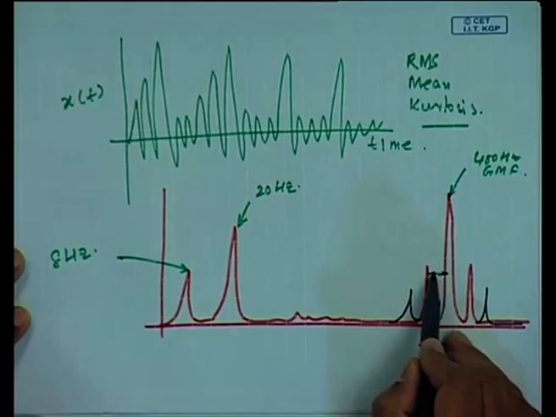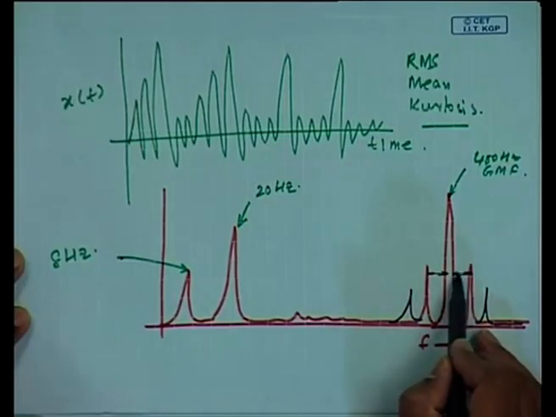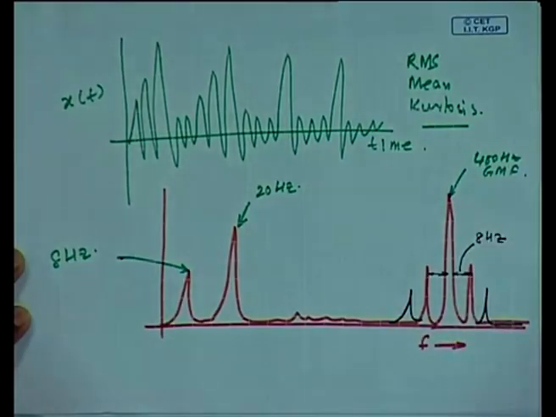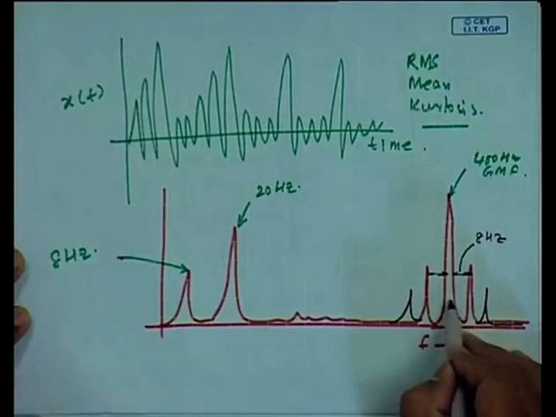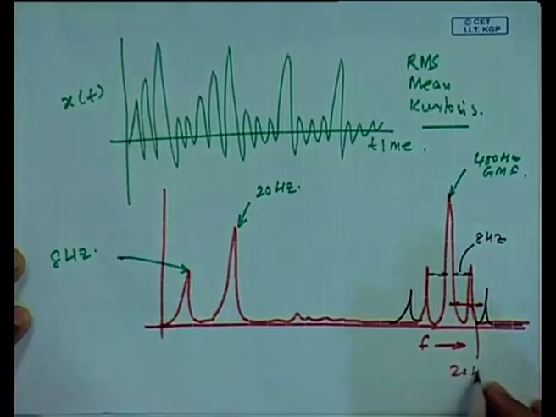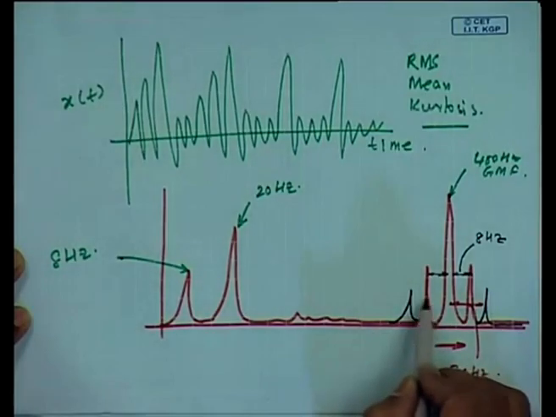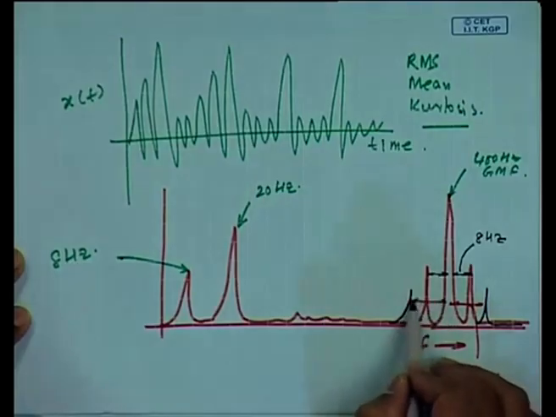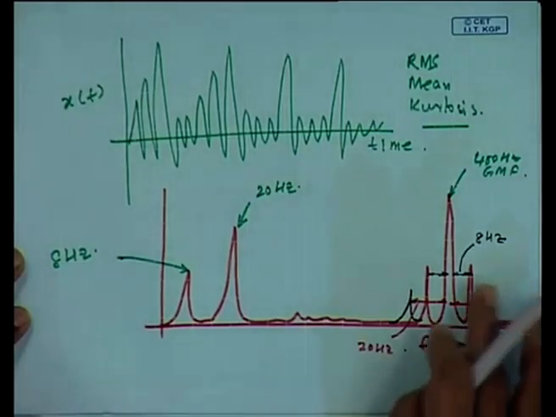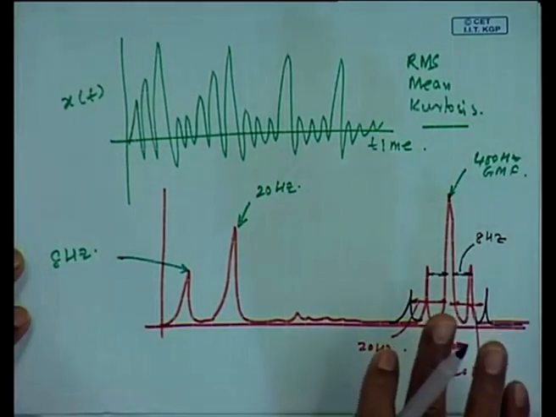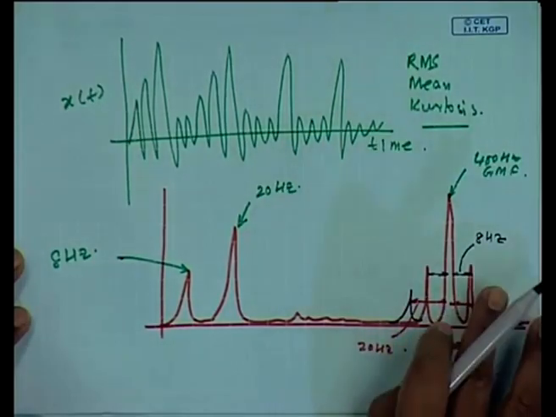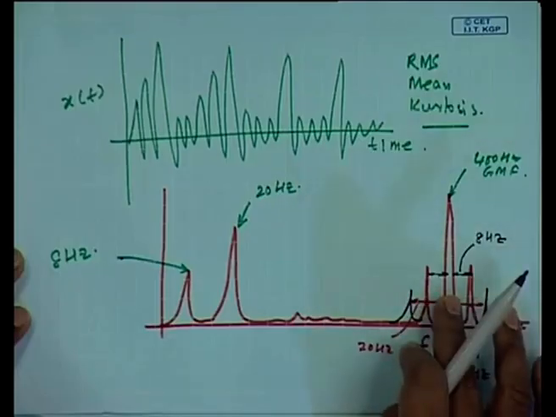This spacing in one case will be 8 hertz, in another case it will be 20 hertz. Why has this occurred? Because modulation is there. Because of modulation, side bands have occurred. So, I have got a group of side bands.